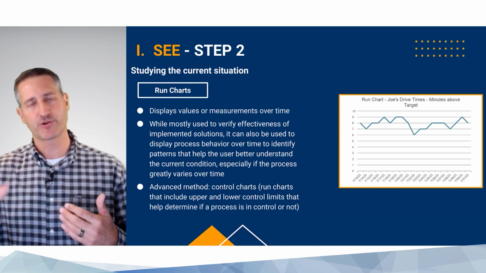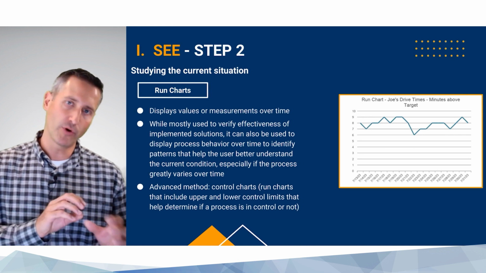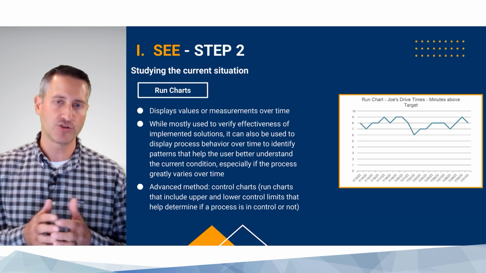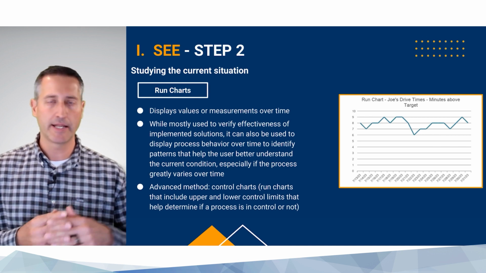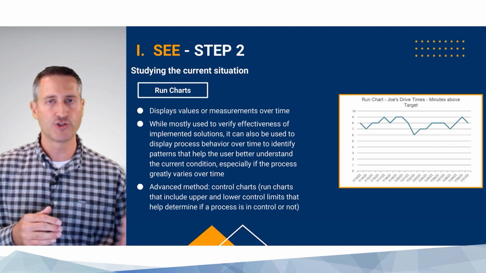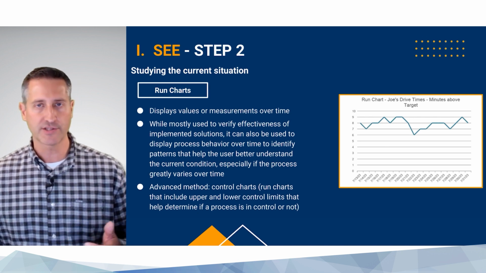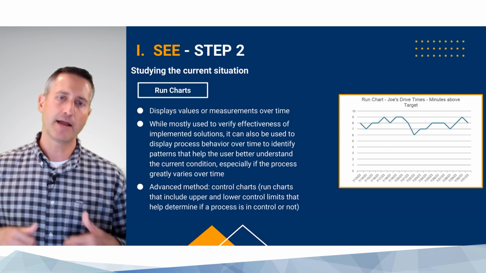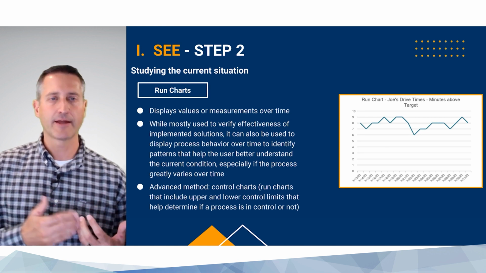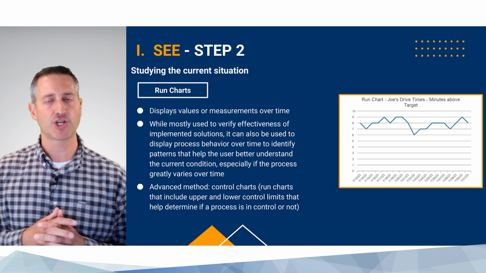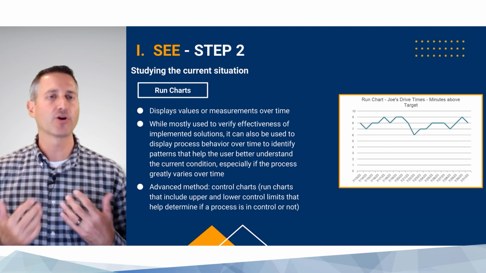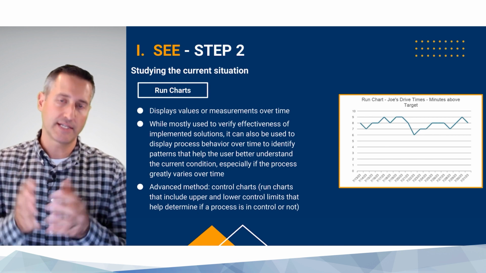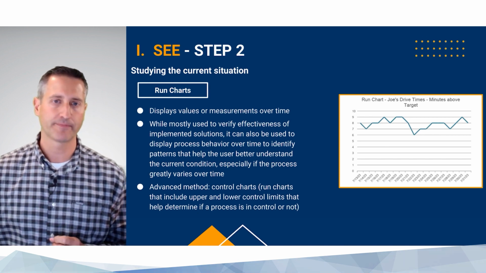If we see trends up, trends down, if we see certain points in time where we're having problems, maybe Joe was just having issues in July and not so much in June or not so much in August, right? So we might want to ask, well, what were the differences in those times? So time is a great factor for us to look at, and run charts help us to see the change in that factor so that we can go then and ask questions, or again, zero in on the point in time when Joe is having the most trouble.